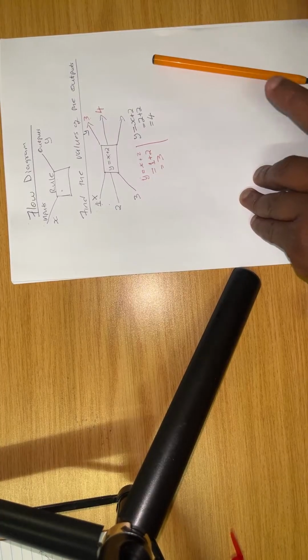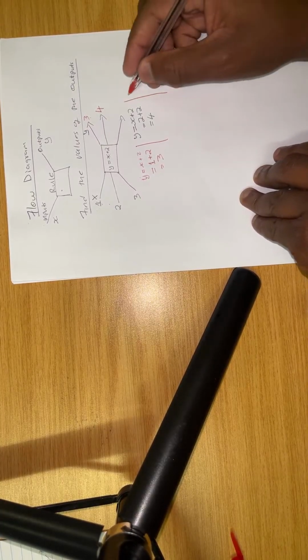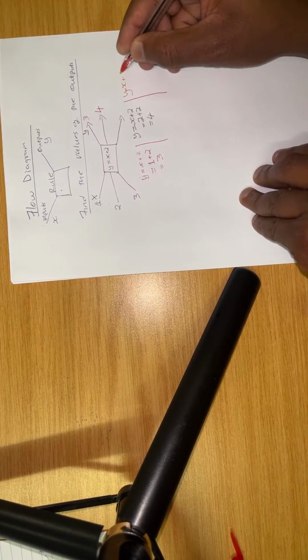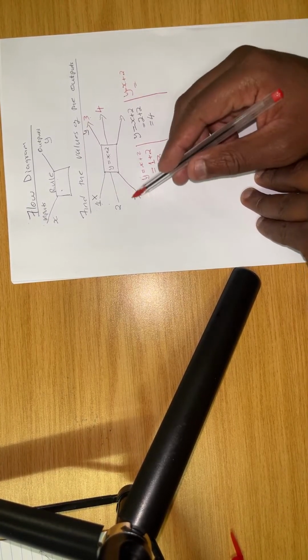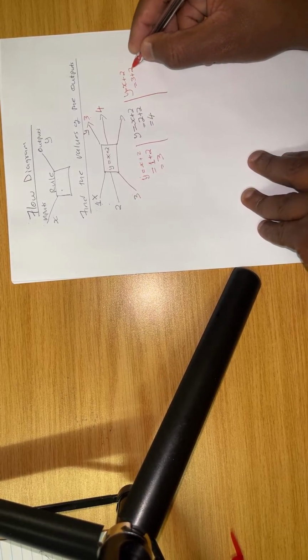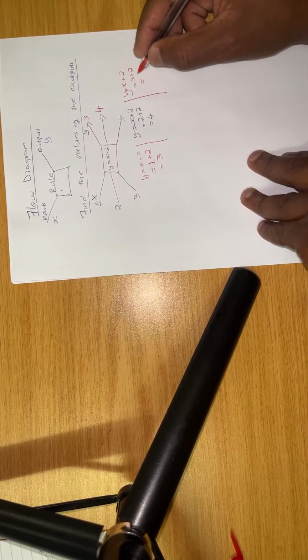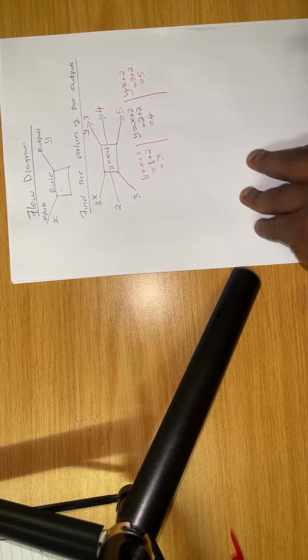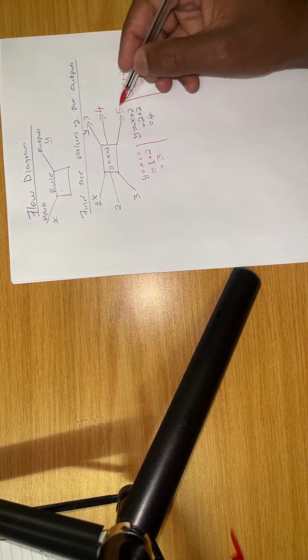The very same thing applies to number 3. You're going to replace x by this 3. So this will be 3 plus 2. Therefore, the answer will be 5. So the value of y here is 5.